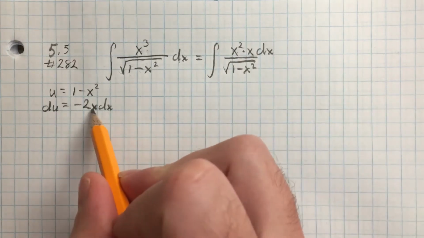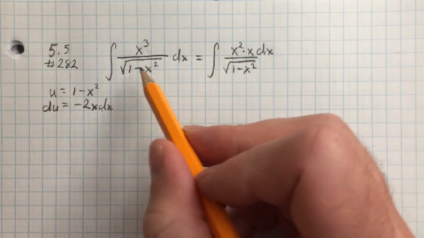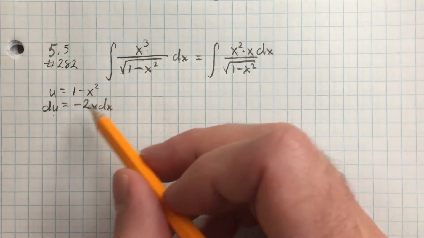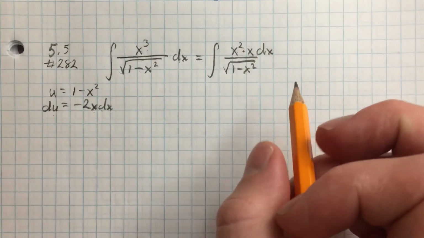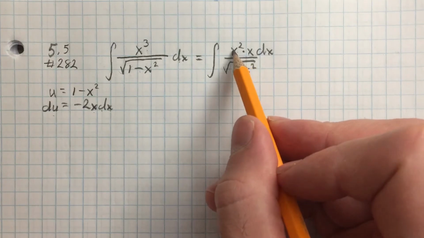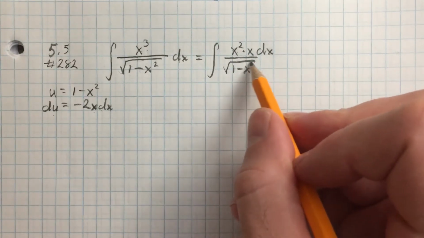And that's because I see an x dx here in the du expression. Again, my goal here is to get all of the x's out of here and replace with some kind of combination of u's and du. So this will help that a little bit at least. Now I do still have an x squared left over to be accounted for. This will become u, root u down here.